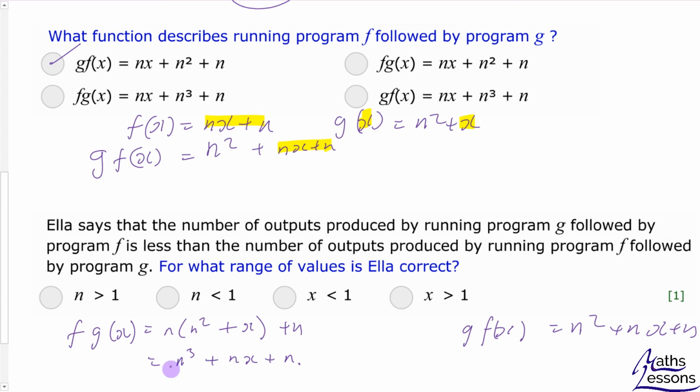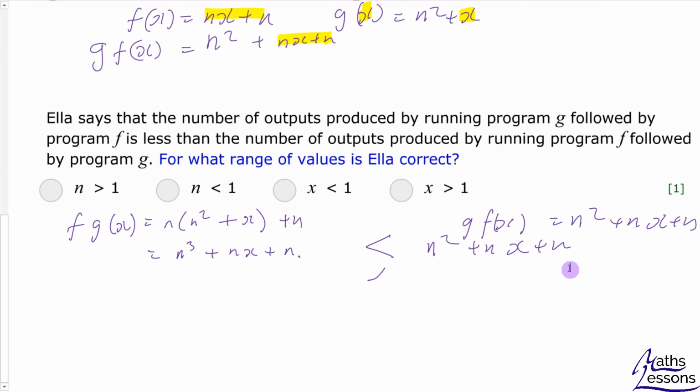So, okay, so we've got this, and we're saying the number of outputs produced by running the program g followed by f is less than the number of outputs followed by this. So we're looking for when this is going to be less than this. So I'm not sure what they're really trying to get at here.